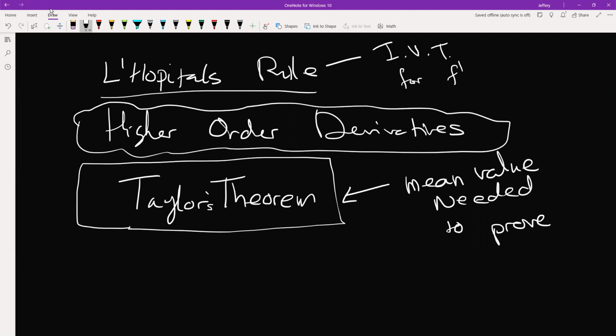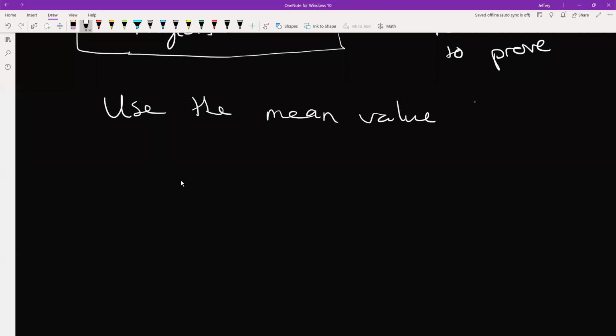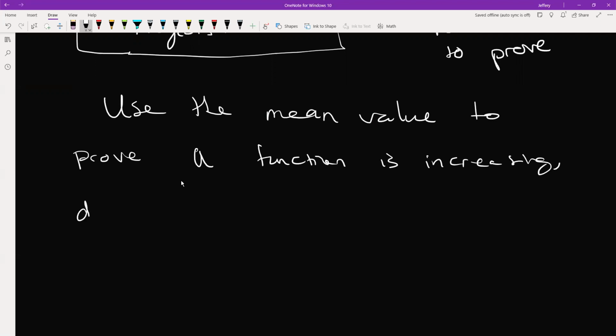Yeah, okay. So next time we'll start here with how to use the mean value theorem to prove a lot of stuff. Actually, we're going to start by proving that a function is increasing, decreasing, or constant.